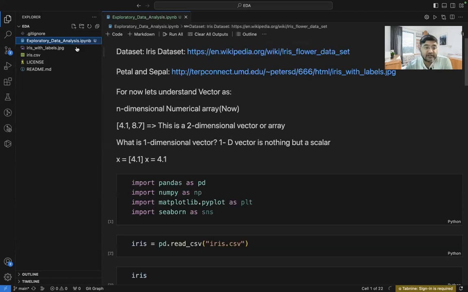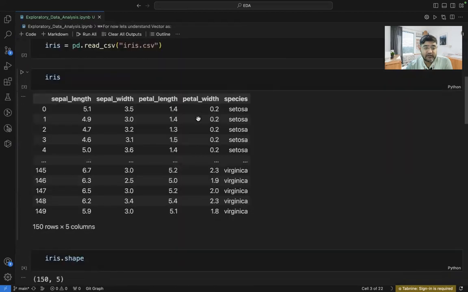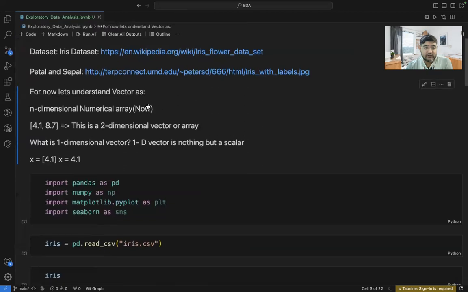Let's save the changes. Now, in this file, these are some things we have discussed earlier, I suppose.